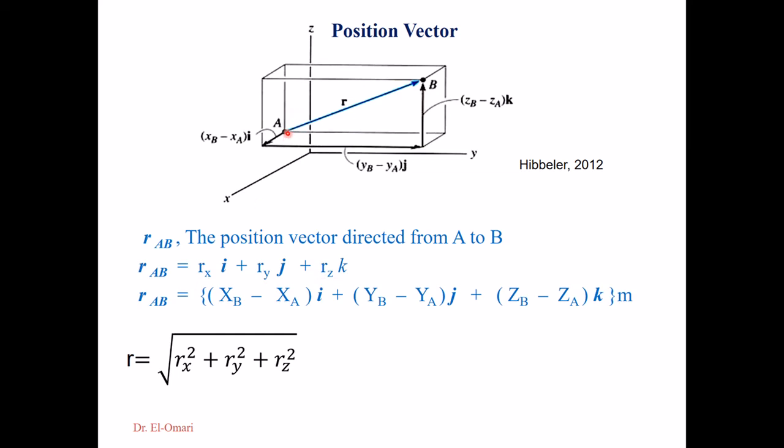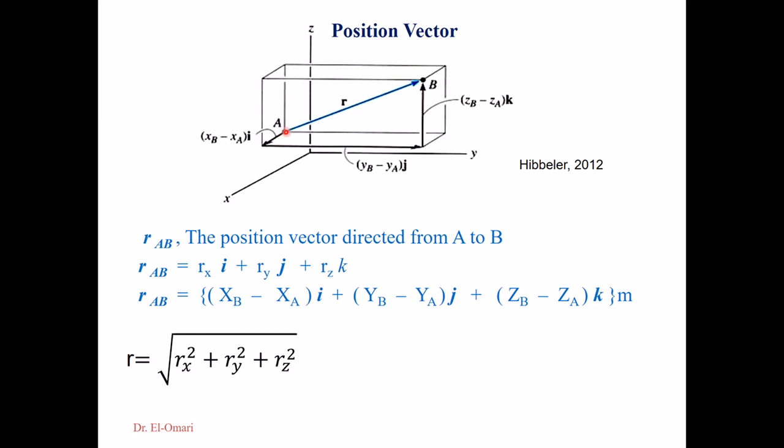So Rx is nothing more than the difference of the x coordinates of B minus the x coordinate of A. Ry is the difference between the y coordinates of B and the y coordinates of A. And Rz is the same, the difference between the z coordinates of B and the z coordinates of A.